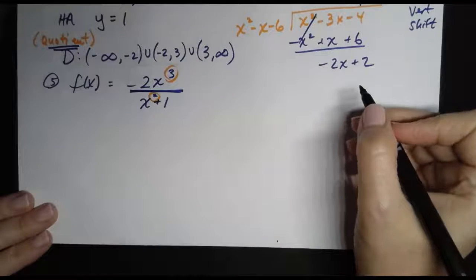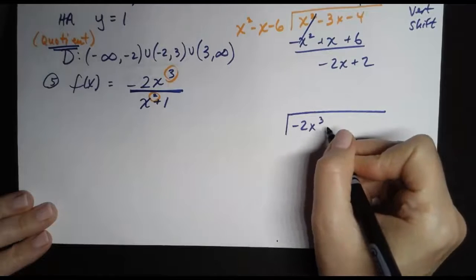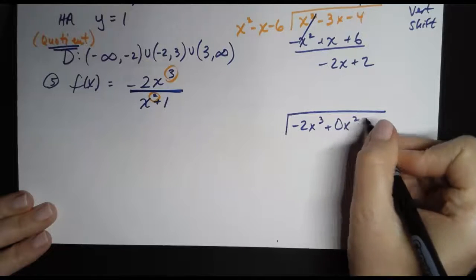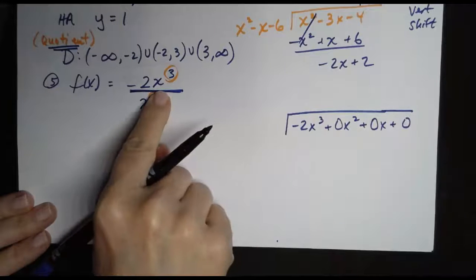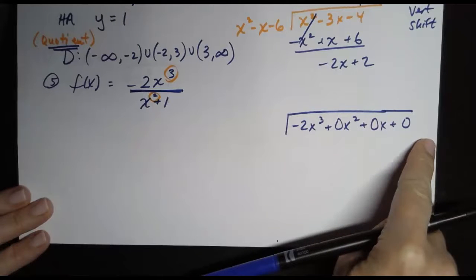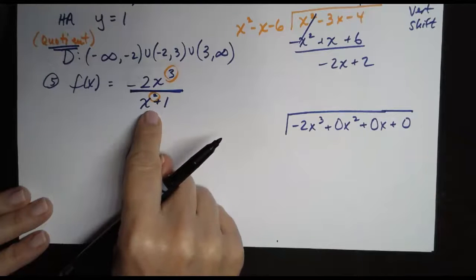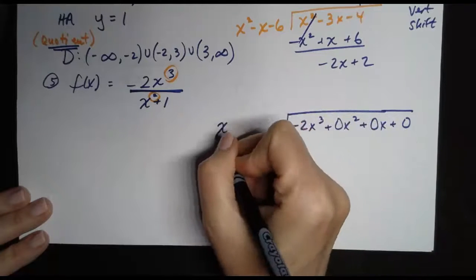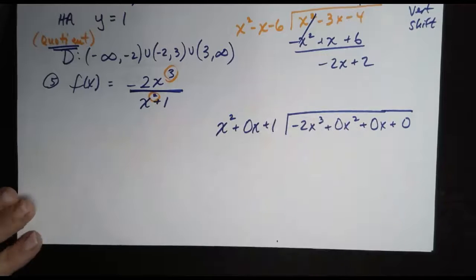So let's go ahead and do the division. -2x cubed plus 0x squared plus 0x plus 0. This is just one term, so I got to add on a whole bunch of zeros to actually make the division happen. I'm also missing a power of x here in the divisor. So x squared plus 0x plus 1.